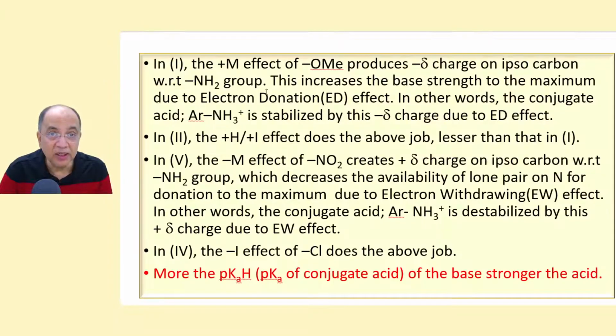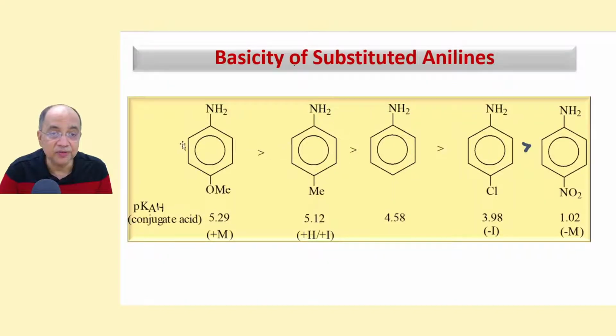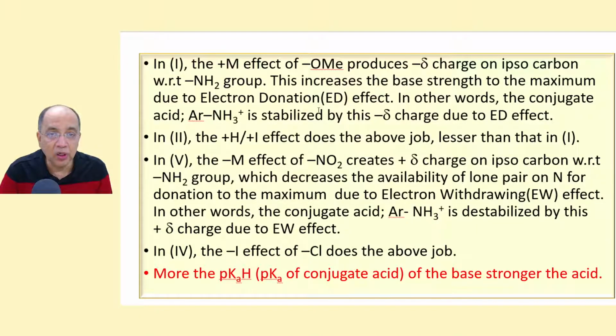This increases the base strength to the maximum extent due to electron donation effect, because there will be repulsion between the lone pair and this minus charge, and the availability of lone pair will be more. In other words, the conjugate anilinium ion is stabilized by the minus delta charge due to electron donating effect.